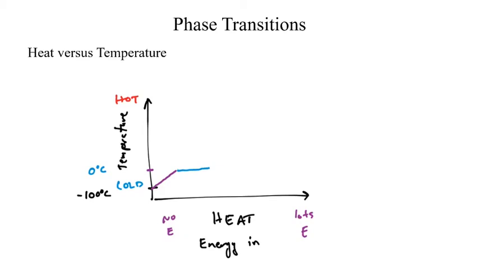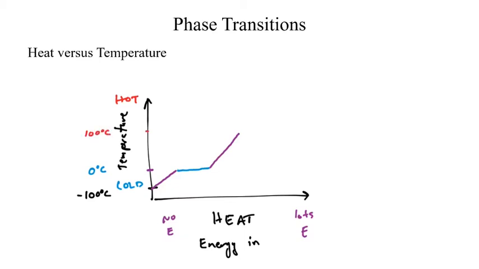Okay? But eventually what happens? All of that solid ice becomes a liquid. Okay? Once it transitions to be a liquid, as I continue to add heat, the temperature is going to rise again. Okay? Eventually, again, it's going to hit a spot where it stops rising.